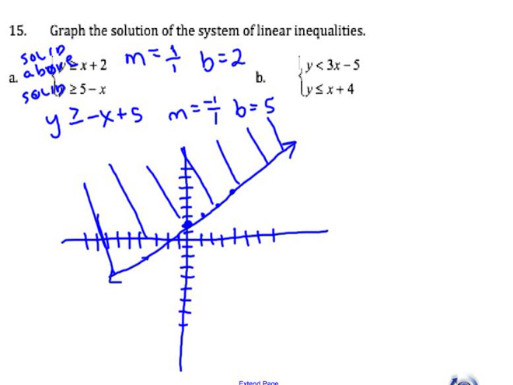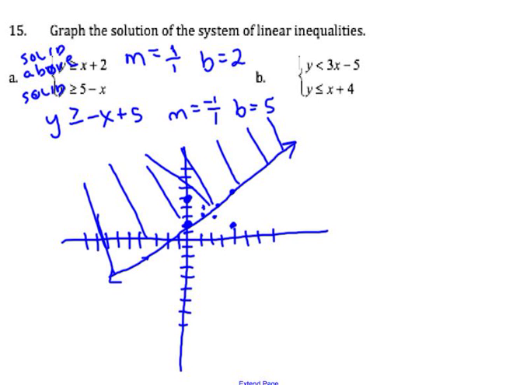Okay, now I'm going to graph my second line. My y-intercept is 5, so that's 1, 2, 3, 4, 5. Draw a dot. And now my slope is negative 1, so I'm going to go down 1, right 1, down 1, right 1, down 1, right 1. It looks like I didn't do a real good job of my dots there, but let's pretend I did.